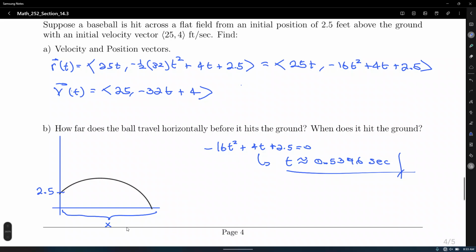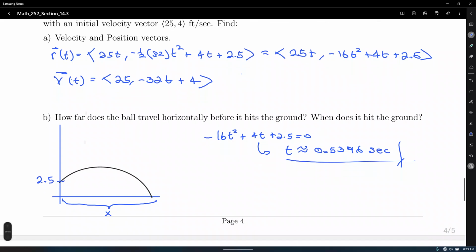It's the 25t, right? In the x component, because the x component of the vector valued function indicates the displacement in the x direction. That is the how far, not the how high like the first part of the problem. So evaluate x of 0.5396. Notice I'm just using x, not the entire vector valued function.